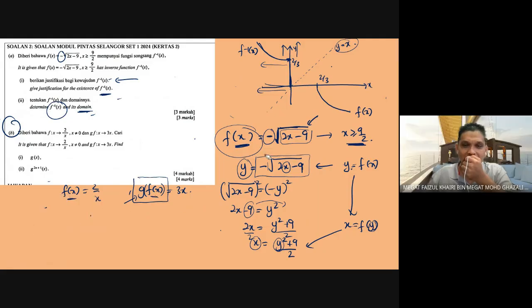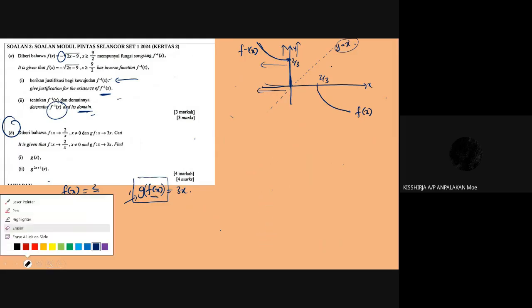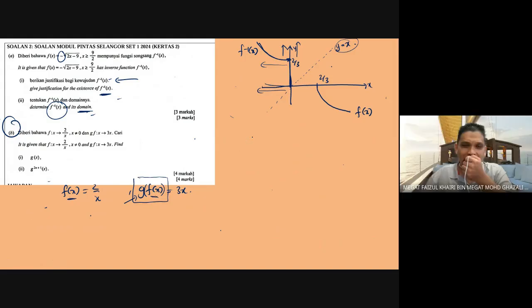You must use g f inverse equals x. Given f(x) equals 2 over x and g f(x) equals 3x.